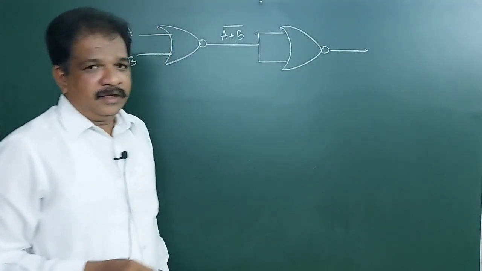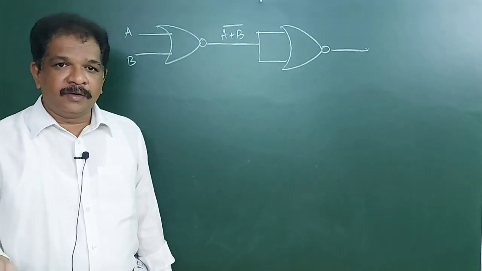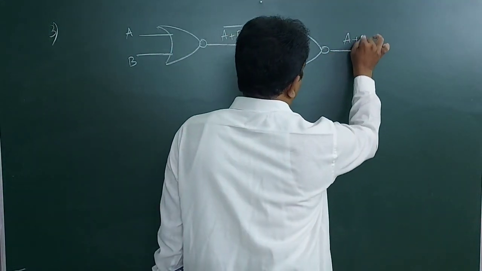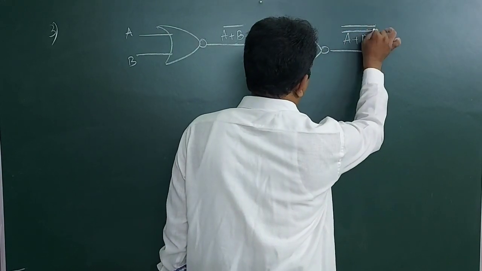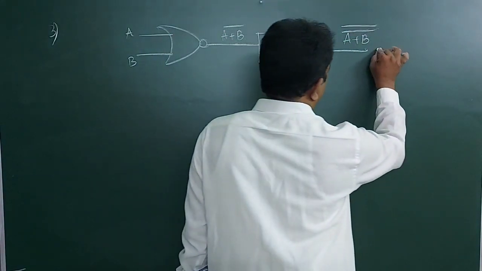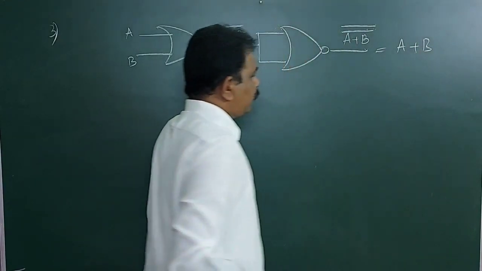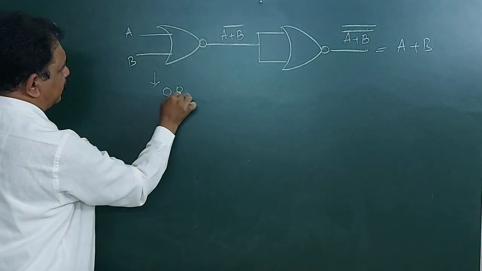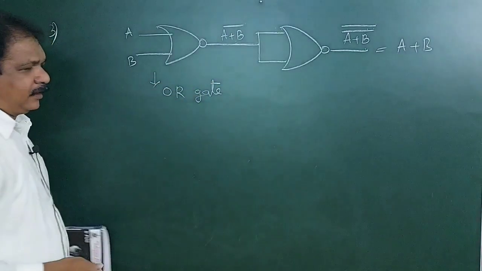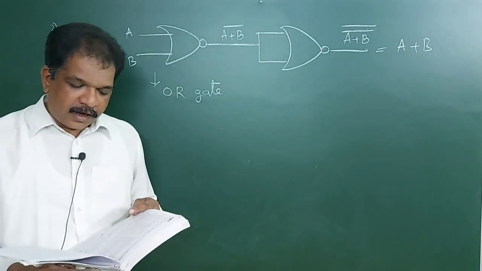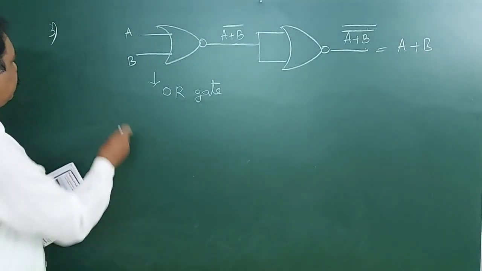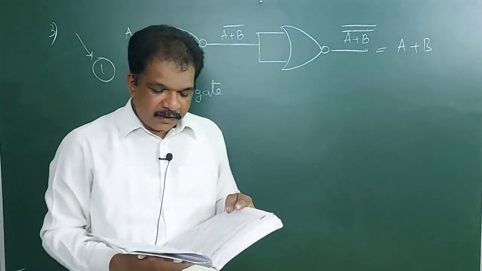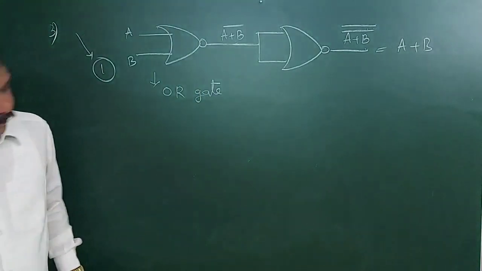If the inputs are A plus B, A plus B, again the output will be A plus B if it is an OR gate. So this will be A plus B bar whole bar we will get. These two bars will cancel, so it becomes A plus B. So this combination will be an OR gate. So the option for the third question will be the first option. Clear? See the fourth question, what are they asking.